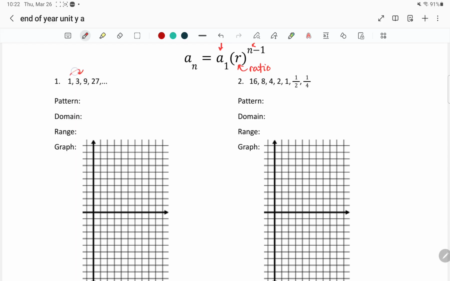So I look here and I see my pattern is I'm timesing by 3. My range is 1, 3, 9, 27. My domain is 1, 2, 3, 4. My range is 1, 3, 9, and so on.